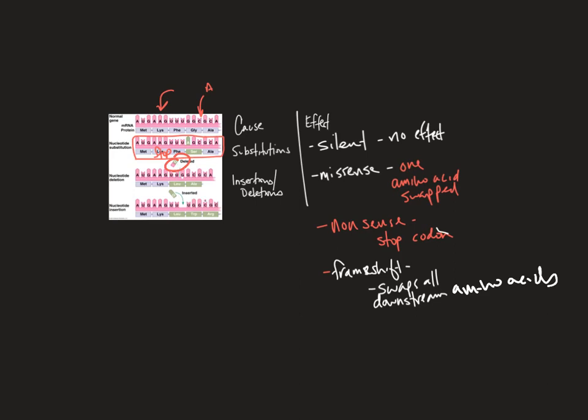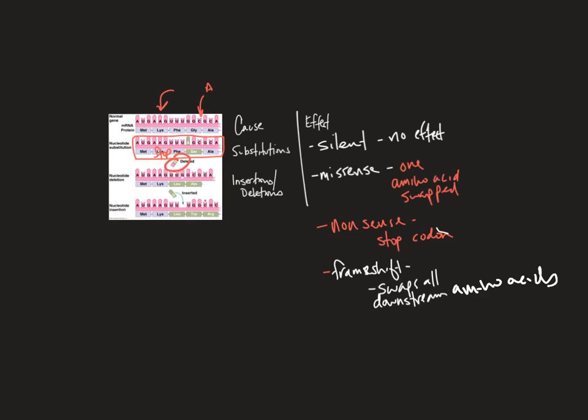We have an insertion which does the same, and it's important to understand that every insertion or deletion that's not a multiple of 3 will cause a frame shift to some extent.